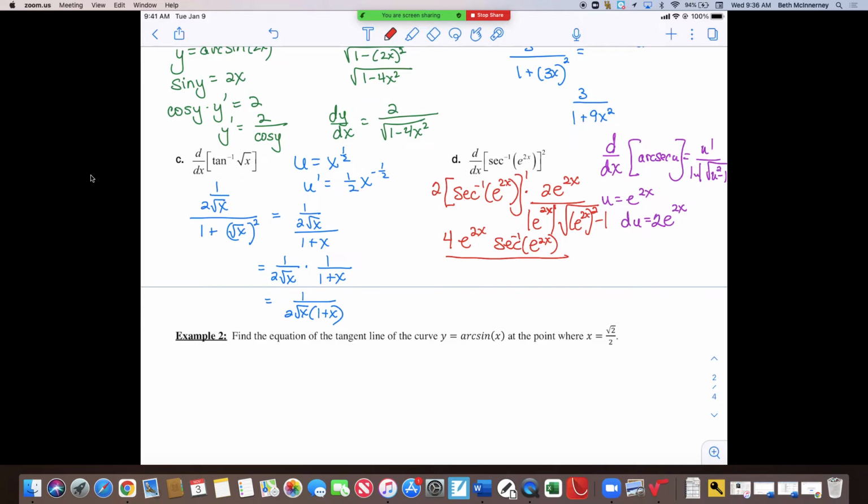So those absolute value symbols are no longer needed. Now, if it had been x cubed, I would need it. If it were x squared, I would not need it. Does that make sense? So I'm going to drop the absolute value. And then what happens when you take e to the 2x and square it? That's e to what power? 4x. That is my ugly final answer.